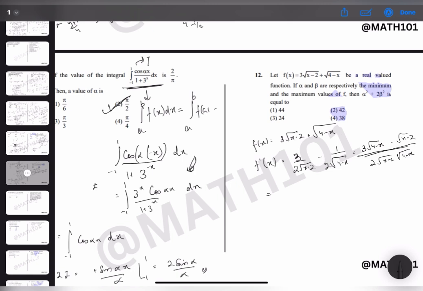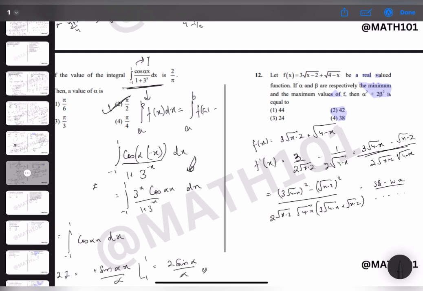Rationalizing the numerator, we get 9 into 4 minus x minus x plus 2, that is 36 minus 9x minus x plus 2, which is 38 minus 10x upon something positive.